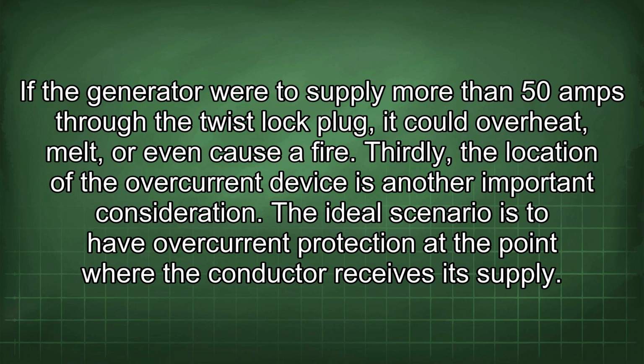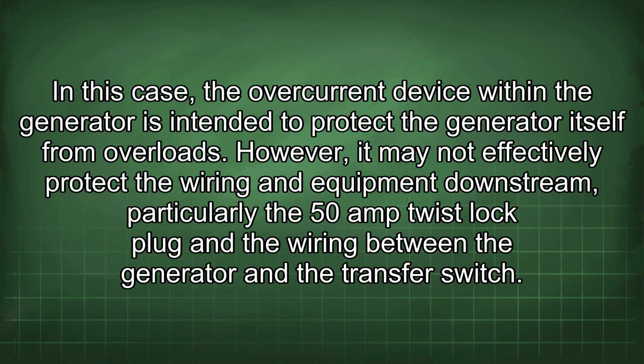Thirdly, the location of the overcurrent device is another important consideration. The ideal scenario is to have overcurrent protection at the point where the conductor receives its supply. In this case, the overcurrent device within the generator is intended to protect the generator itself from overloads. However, it may not effectively protect the wiring and equipment downstream, particularly the 50 amp twist lock plug and the wiring between the generator and the transfer switch.